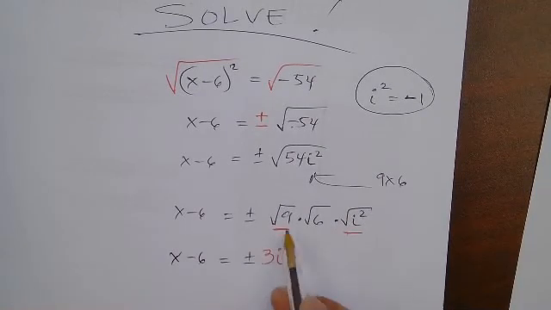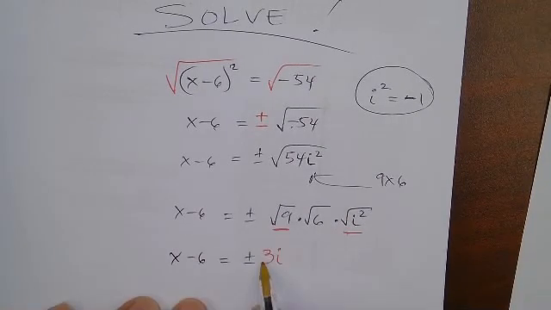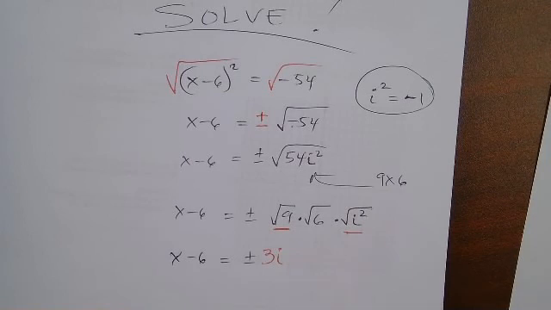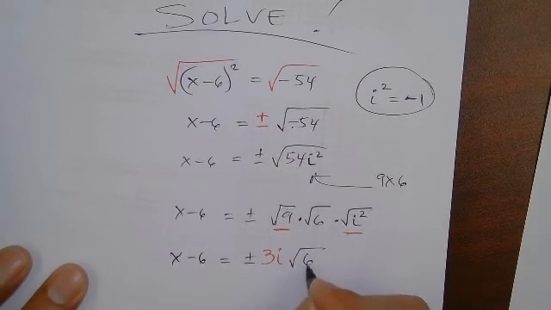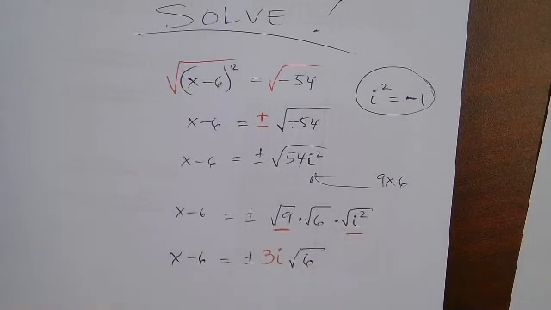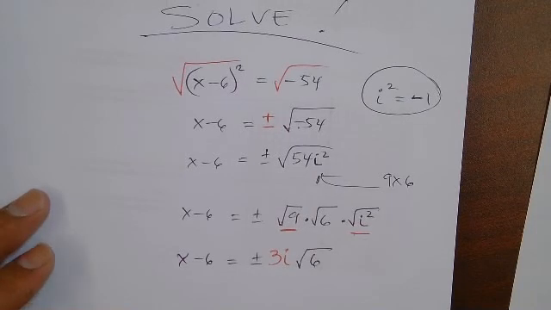So this is going to be x minus 6 is equal to plus minus. And the ones that have perfect squares, write them up in the front. Isn't that going to be 3i? Because the square root of 9 is 3. And the square root of i squared is i. And the root 6 that didn't come out goes last like that.